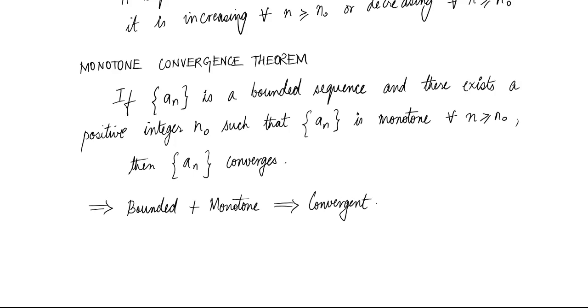If a_n is a bounded sequence and there exists a positive integer n naught such that a_n is monotone for all n greater than or equal to n naught, then a_n converges.